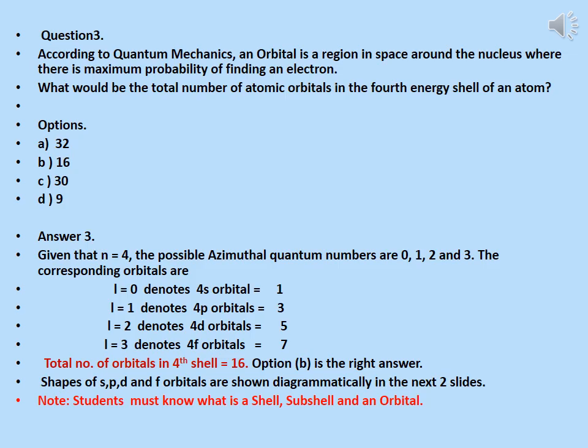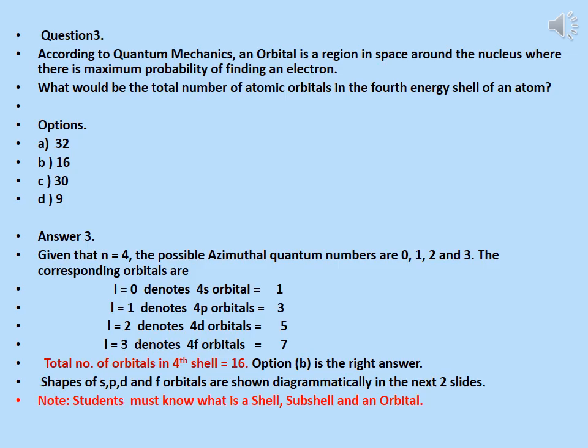And now, what do these subshells denote? These subshells denote the shape of the region around the nucleus where there is maximum probability distribution of an electron around the nucleus.